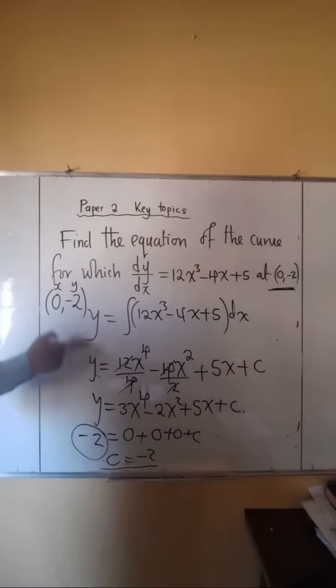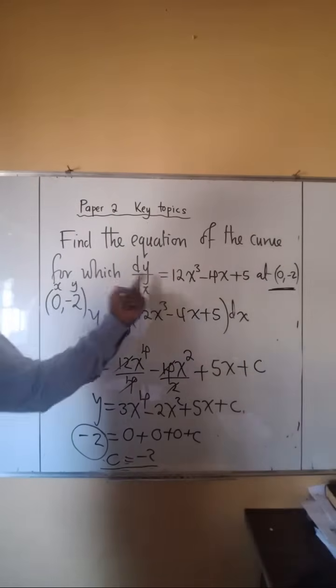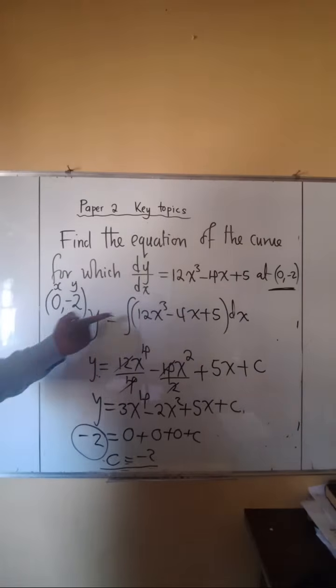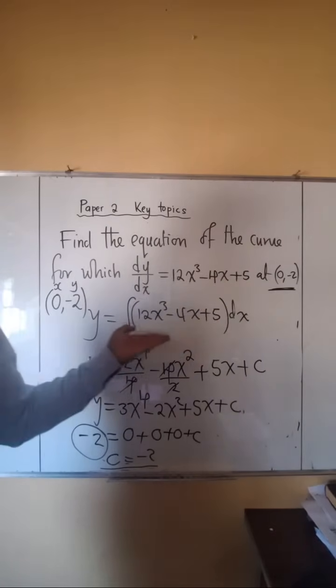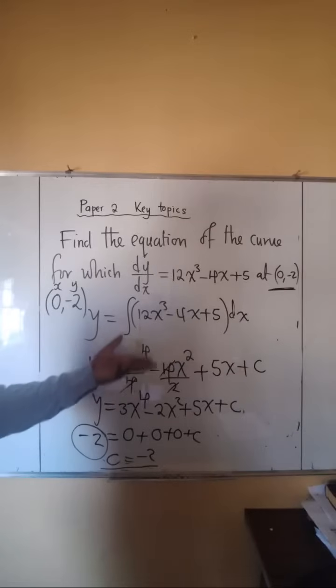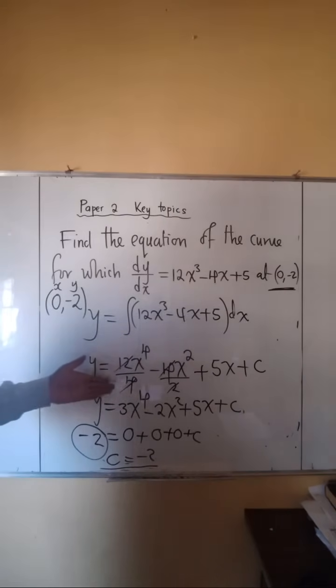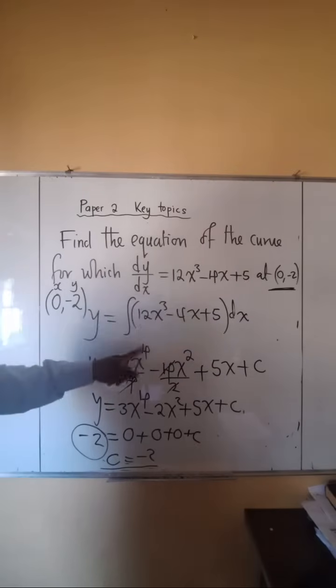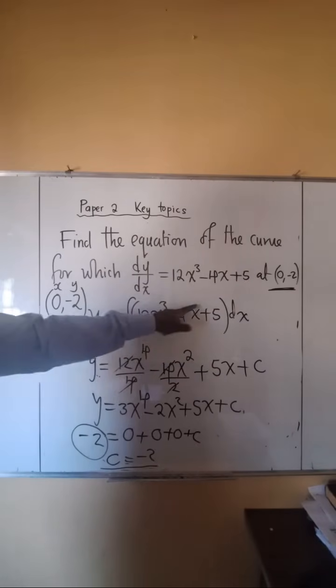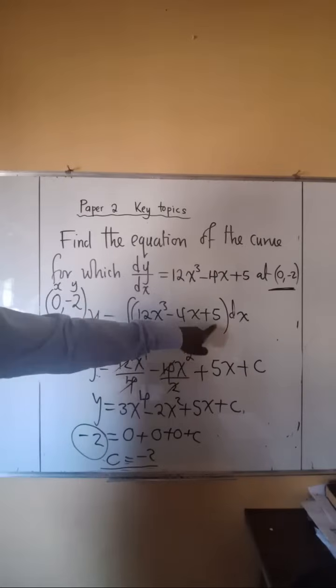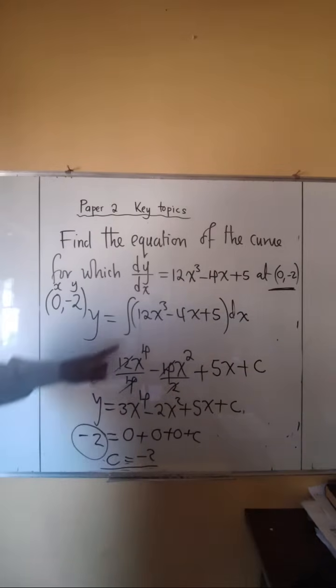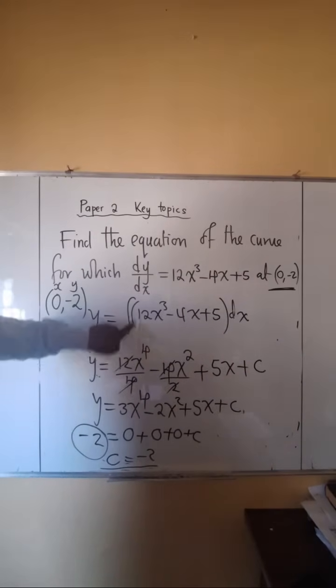Here, this is the y. When they have given you dy/dx, just write y and then integrate this other side. And this is what we are doing. We've integrated. If you watch the previous video, the previous question, we said when integrating, you always add a 1 to the power and divide. Add a 1 to the power, divide. When it's a constant, you put x. Since we don't have limits, there is no number here and here.